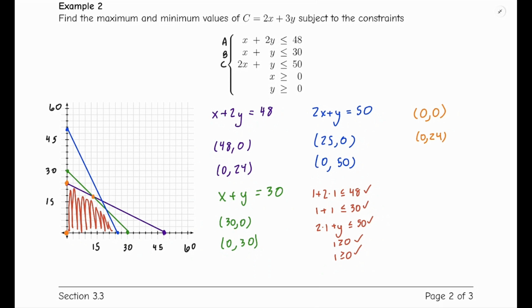So I'm just going to go A minus B. x minus x, 2y minus y. So we get y. And then 48 minus 30 is 18. Now, if I plug 18 back into B, we get x plus 18 is equal to 30, so x is equal to 12. So that means our point is 12, 18.